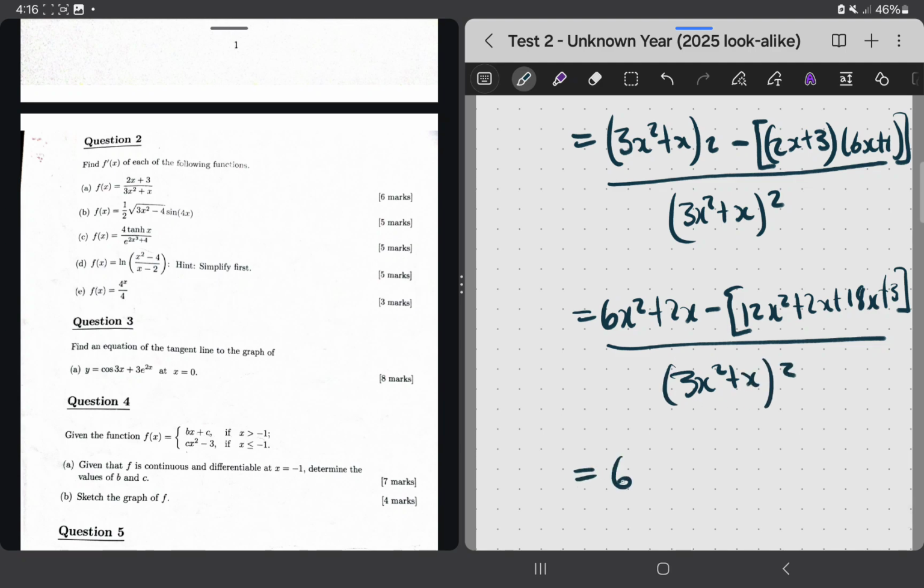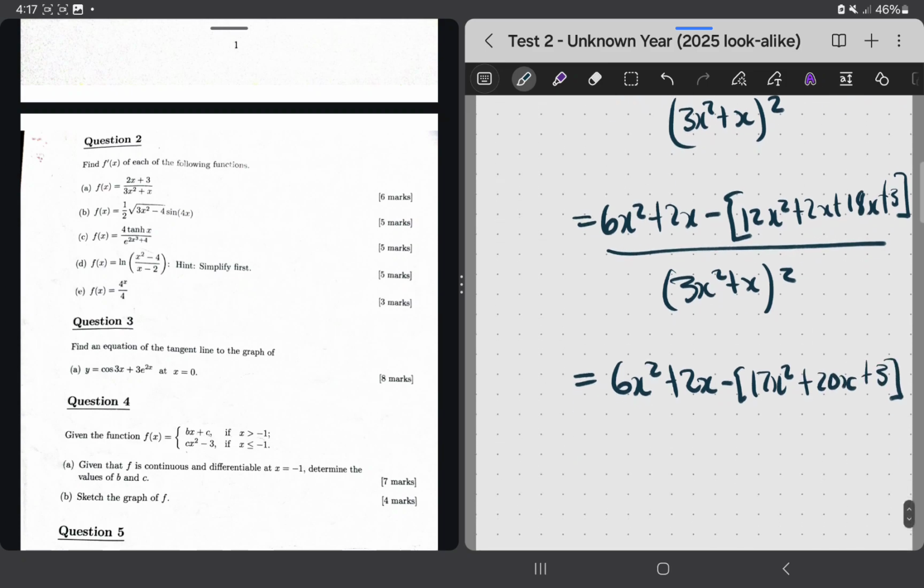And what are we going to get here? 6x squared plus 2x, then minus of 12x squared, then minus of 2x. Maybe we can first simplify that. Minus, what do we have: 12x squared, then 2x and 18x is plus 20x, then plus 3. This is all over 3x squared plus x, all squared.